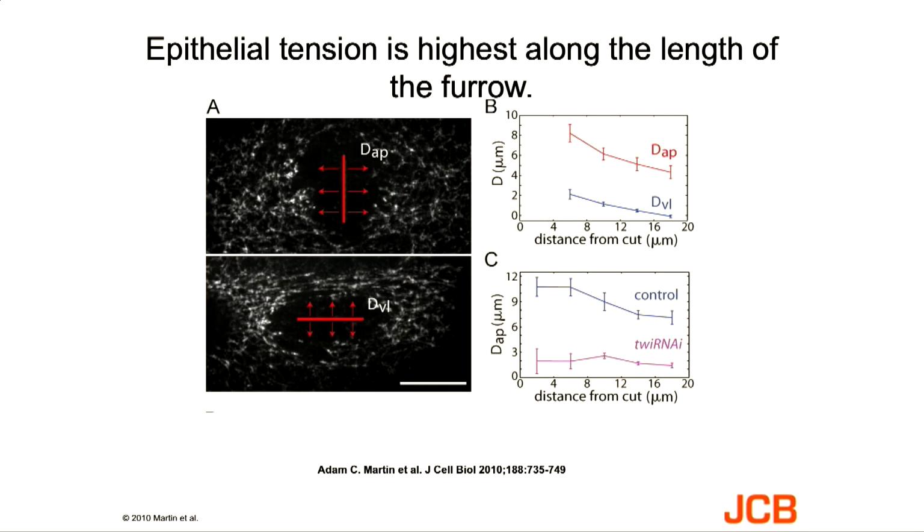You can look at whether really is the force in the horizontal axis by doing ablation experiments, where one is now ablating either in the vertical or the horizontal axis. If I ablate in the vertical axis, I am breaking the force in the horizontal axis. If I ablate in the horizontal axis, I am breaking the force in the vertical axis. And the amount of displacement of the tissue tells you how much tension it is in and what is the direction of the tension.